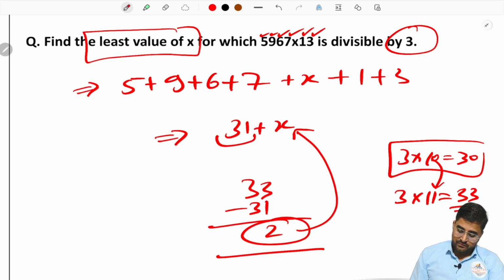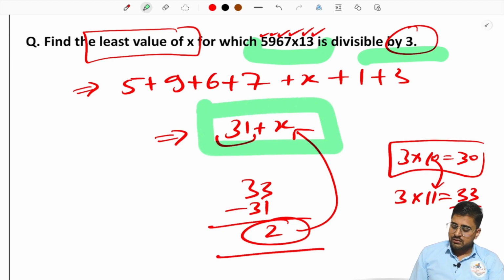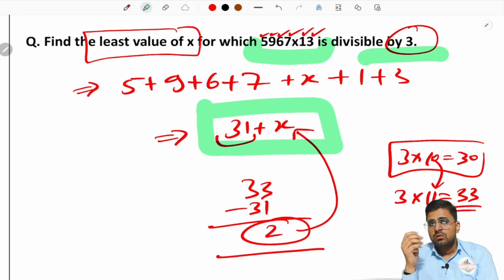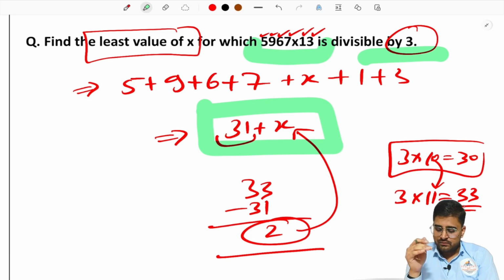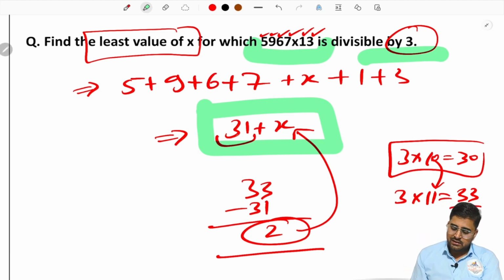That's the answer. I repeat, first we add the digits, and we get 31 plus x, which should be divisible by 3. The question demands the least value. Okay, for the least value you have to go to the earliest multiple.